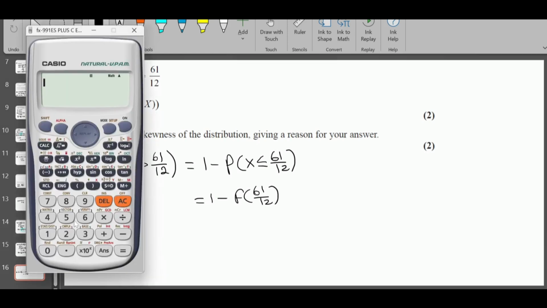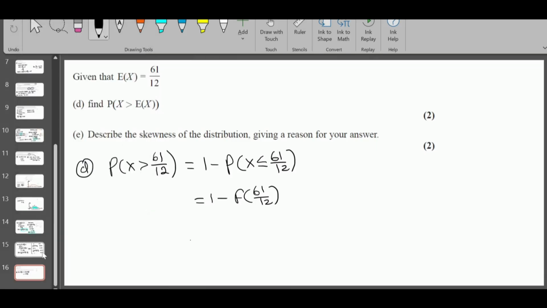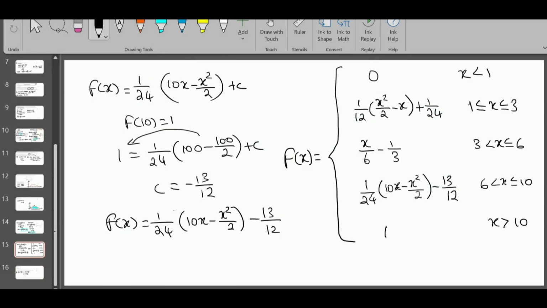So what's the value of this? 5 point something. So in capital F of x, 5 point something is here. To find the value, you need to sub in that value into this, x over 6 minus 1 over 3.